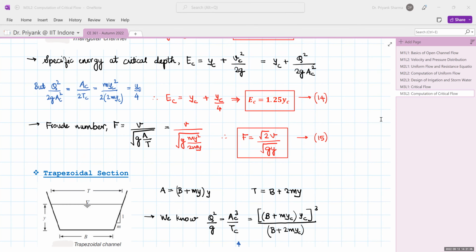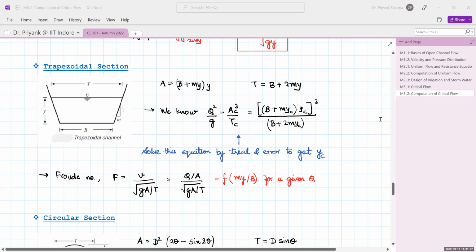Next, we'll try to approximate for a trapezoidal section. So for a trapezoidal section, the computations are not that straightforward. Okay, so area, that is (b plus my) into y, and top width is b plus 2my. So when we substitute, you get an equation of Q square by g, that is equal to (b plus m yc) into yc, the whole cube upon b plus 2m yc.